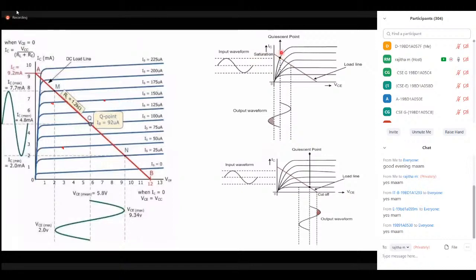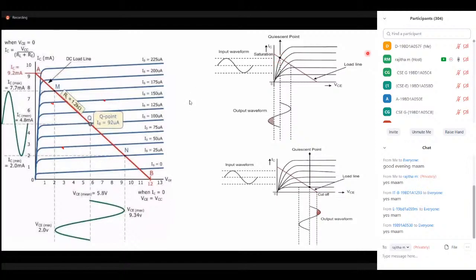Now on these operating values, VCQ and ICQ, your input is superimposing. Your weakest input signal is superimposing on the DC signal. Then only we have the faithful amplification. Your voltage magnitude is raised due to the applied DC voltages or the DC operating voltages.